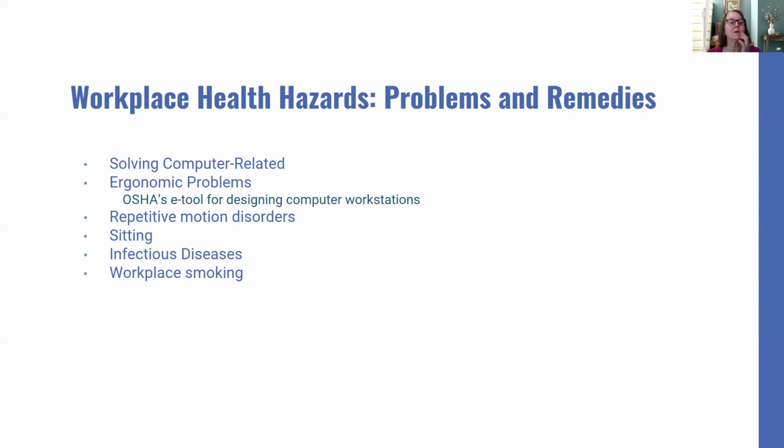So another workplace health hazard is computer-related health problems. So ergonomic problems such as the desk, people who spend a lot of time at a desk, and workspaces not being designed properly for the person.